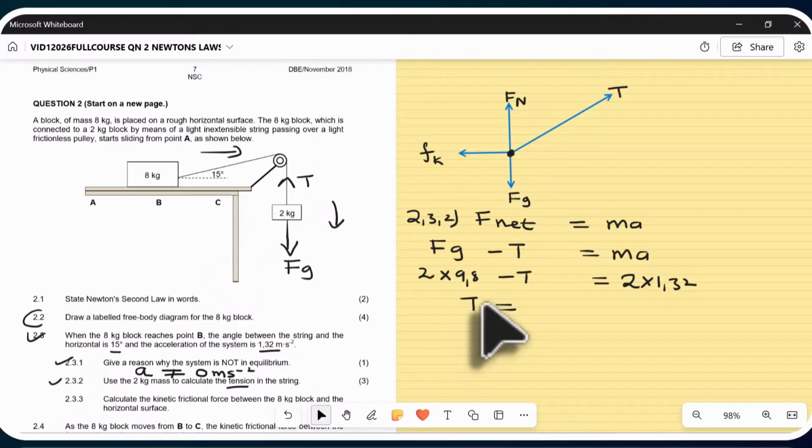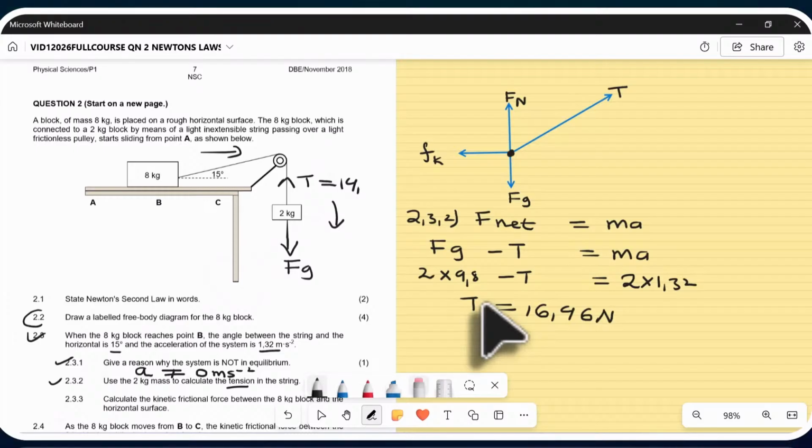Now, this same tension, 16,96, would be the same even here, because the string is inextensible.